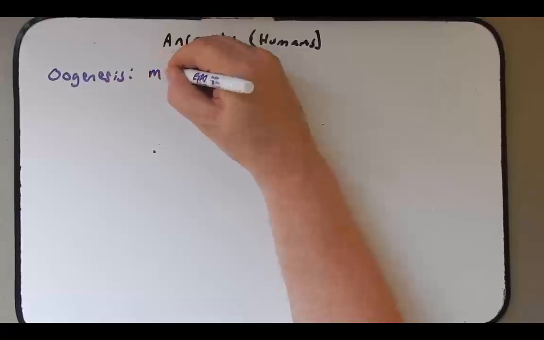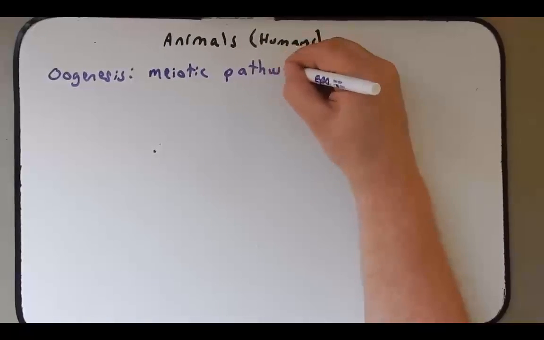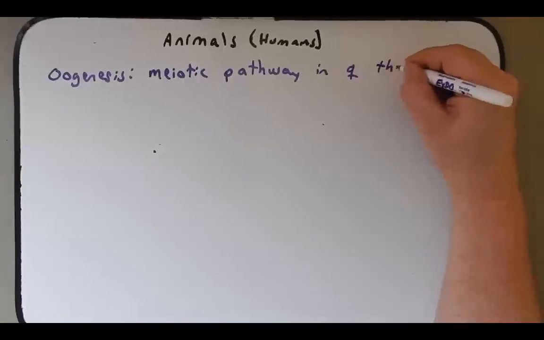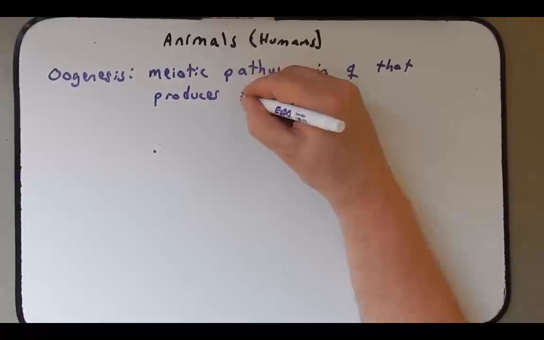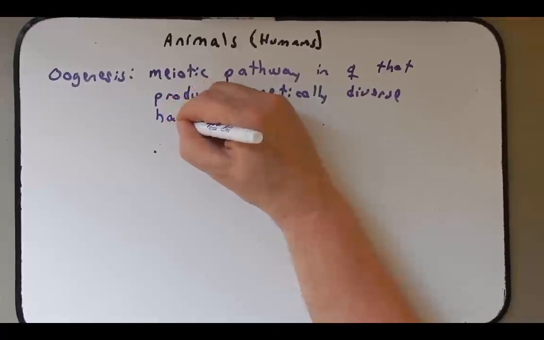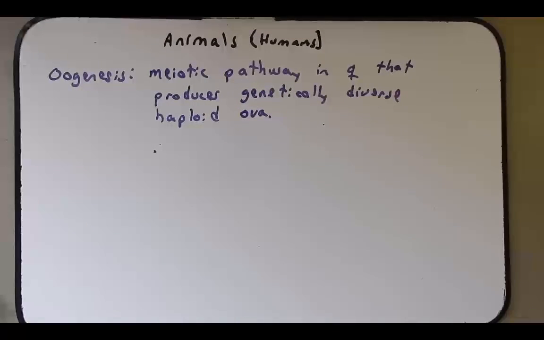Oogenesis is the meiotic pathway in females that produces genetically diverse haploid ova. Alright, now I want to draw out the pathway for oogenesis, highlighting some of the similarities and differences we see when compared to spermatogenesis.